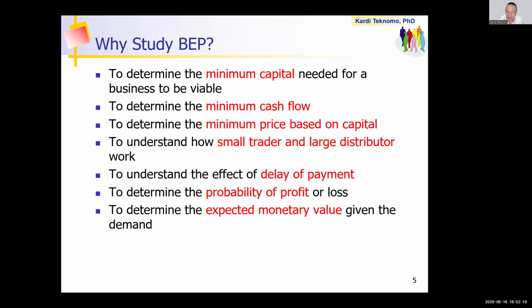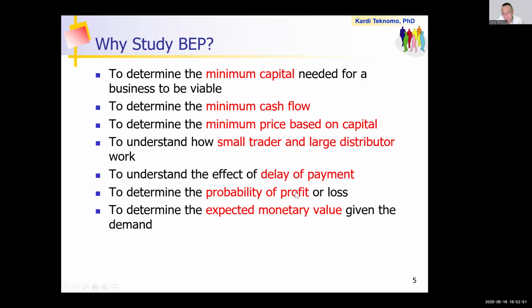Apparently, the price does not depend just on the demand. It also depends on how much capital you have. So you will also understand how the small trader and large distributor work. And based on that, you will understand why a company goes bankrupt, sometimes just because of the delay of payment.